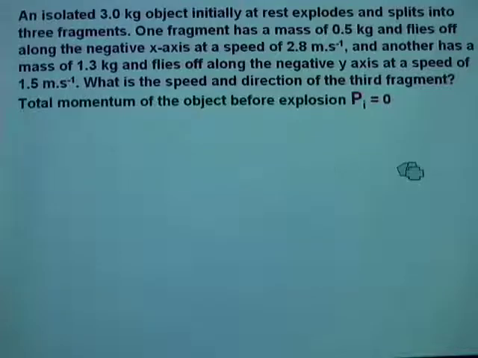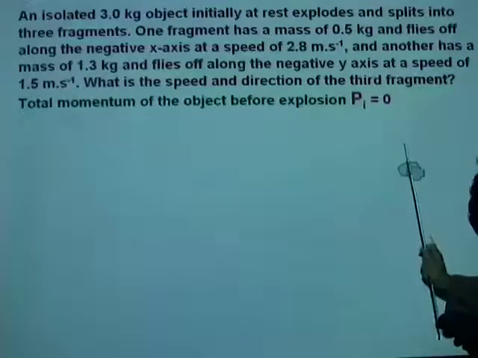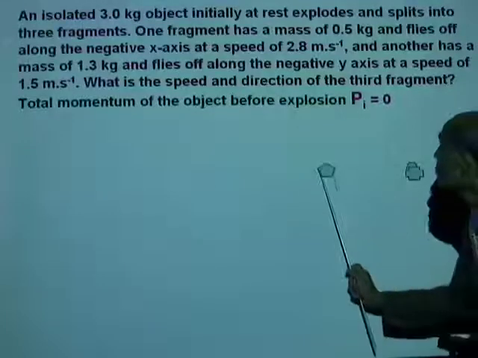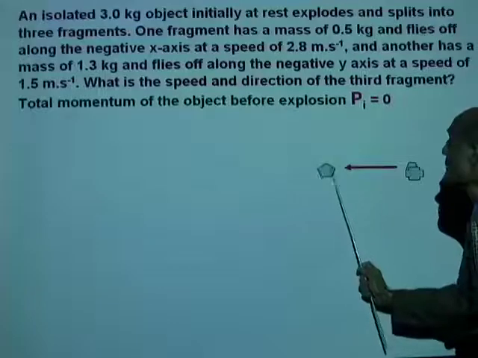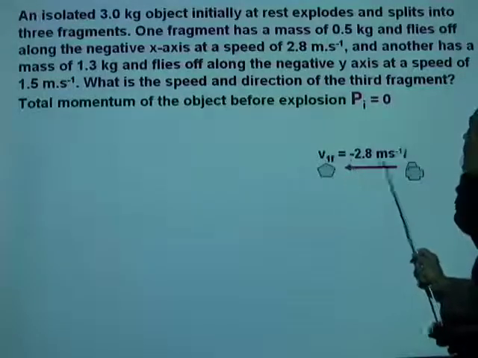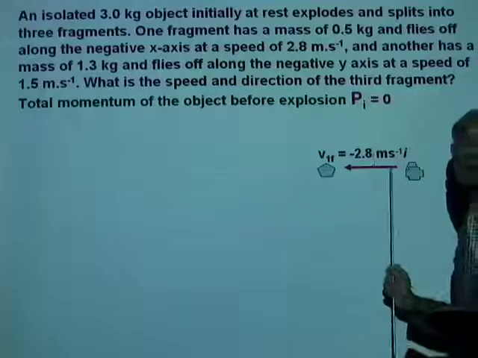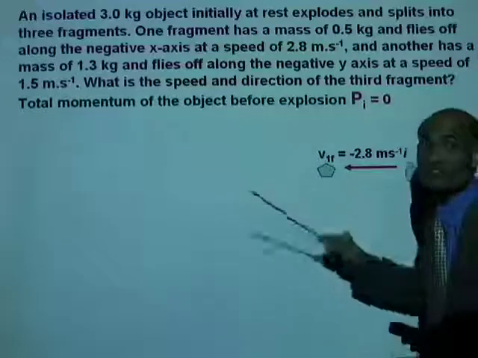It's going to explode now. Watch what happens to the first piece. One fragment that has a mass of 0.5 kilogram moves to the left, so its velocity is negative 2.8 meters per second i. Why negative? In the negative x direction.